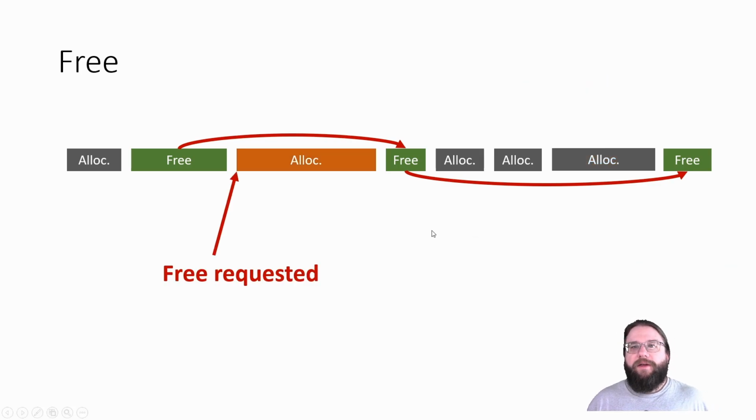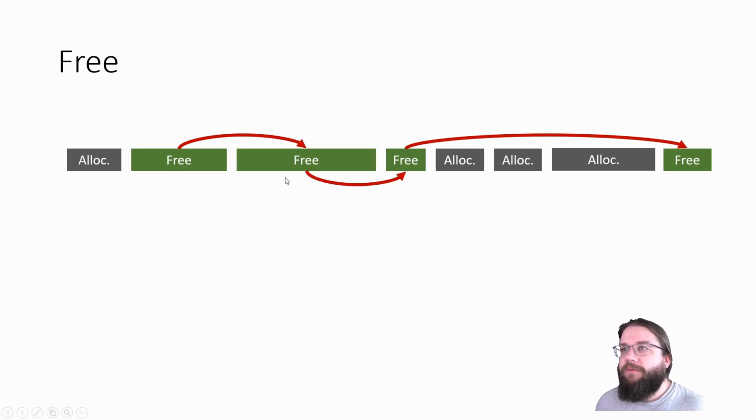What does a free look like? Let's say we want to free this allocated block of memory here in this example, right? So this is all one allocation. It's not multiples like we see here. This is just one contiguous block of memory, and it is actually between two free blocks of memory. So we've requested a free of this block, which turns this block into a free block. That's all it really does, right?